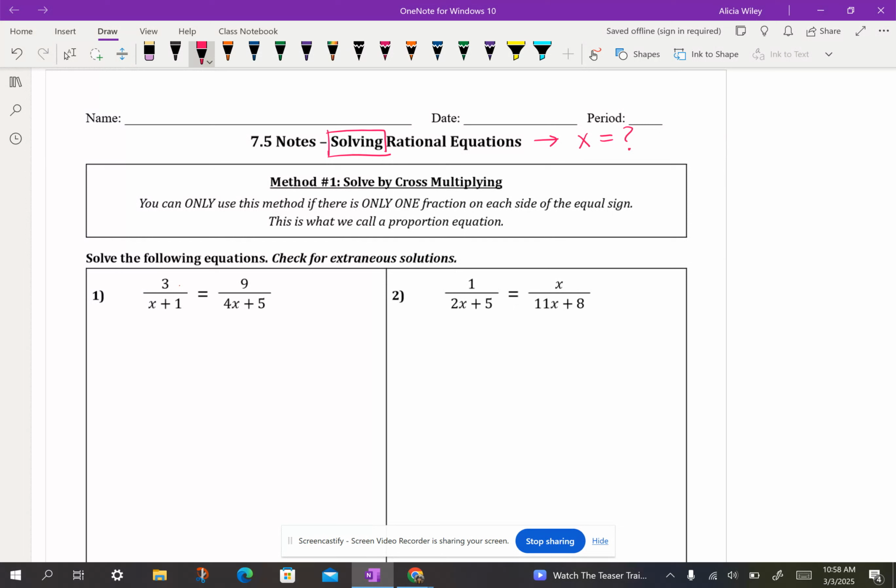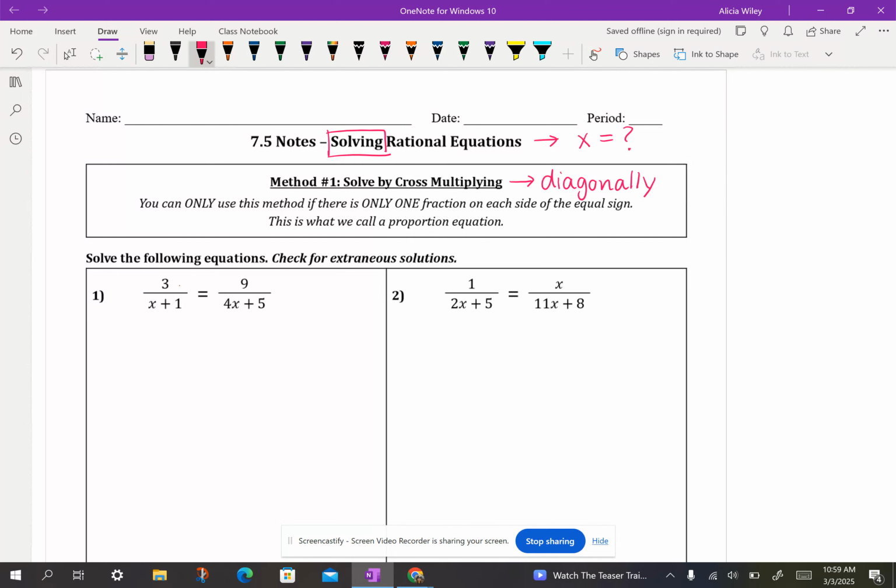We're going to start with the first method, which is solving by cross multiplication, and this is something that a lot of students say. When we think about cross multiplication, you're actually multiplying diagonally. It's not straight across, but diagonally. It's a play on the concept that we can multiply the denominator on both sides of the equation.